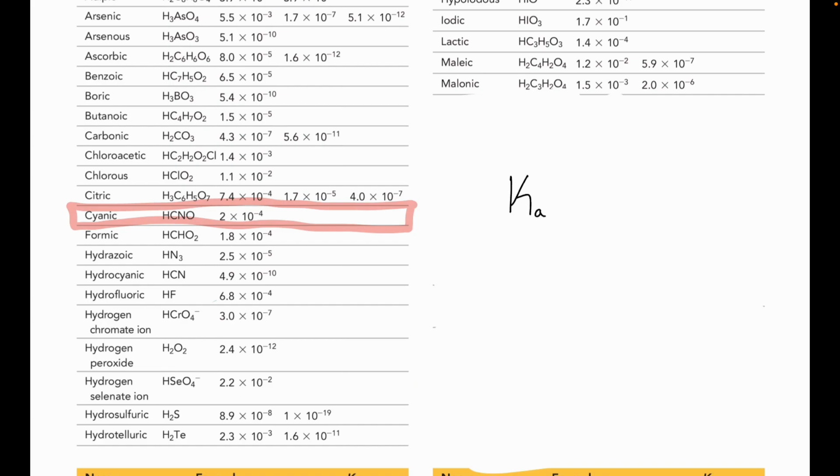The Ka for my conjugate acid times the Kb for my base is always equal to that same magic number, 10 to the negative 14. So in this case, I can't find my Kb for my base listed, but I can find the Ka for my conjugate acid. And so I can use this simple relationship here to figure out what that Kb should be.